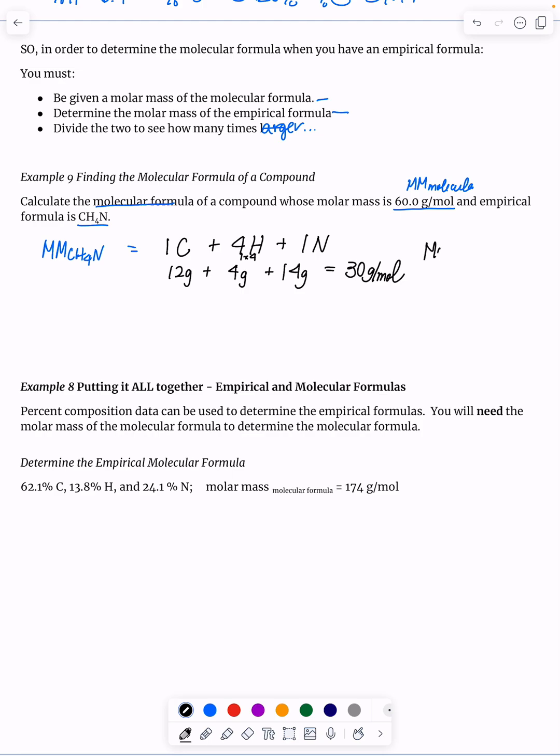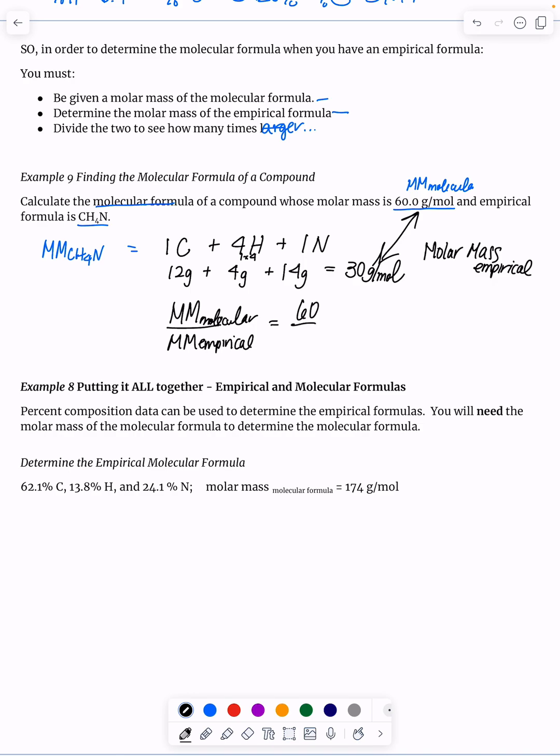This is the molar mass of the empirical, and I'm already given the molar mass of the molecular. I could already see that that number is twice as large. If I couldn't see it, I'd do my math of molar mass of molecular divided by the molar mass of the empirical just to see how many times larger it is.